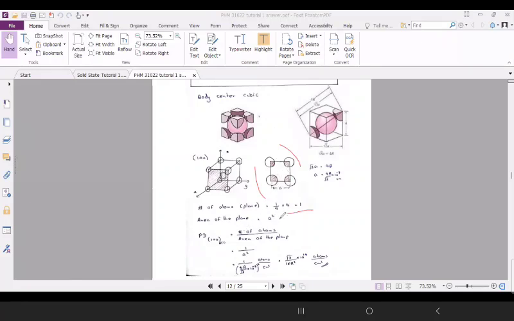So you substitute both the number of atoms and the area of the plane into the PD equation.